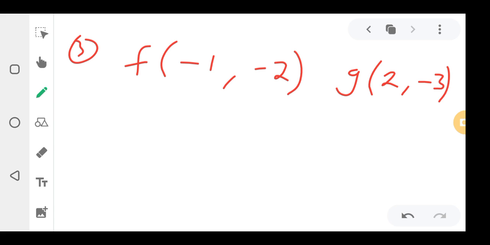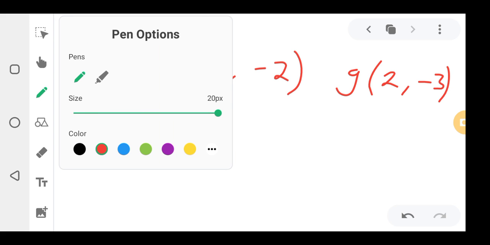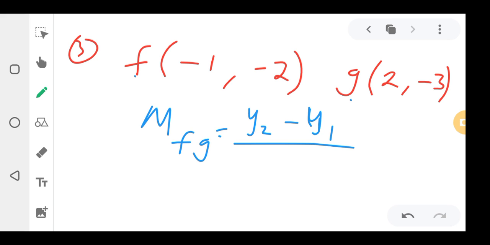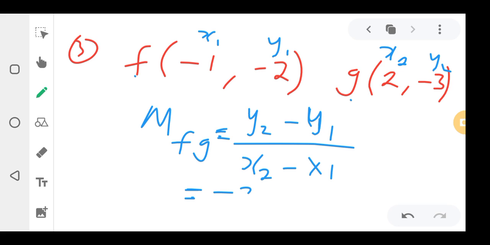So when you are solving such a question, we are trying to find the gradient of F and G. So gradient of F and G is equal to y2 minus y1 over x2 minus x1. This is x1, y1, x2, y2. So what is y2? Negative 3.